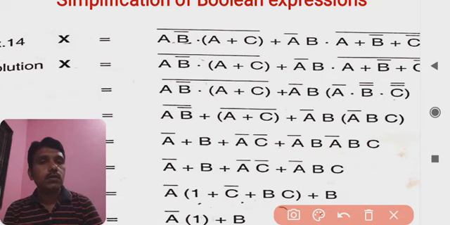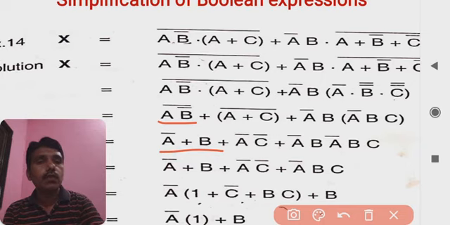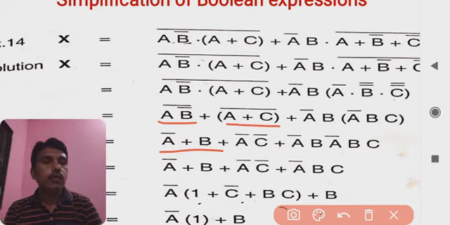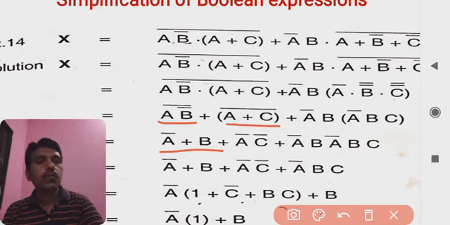Now we have here a b complement, a whole complement. It is a product, so we can convert it into the sum of their complements. Again a complement or b complement, and the complement of the complement is the original b. This is the sum of their complements, and we can convert it into the product of their complements. The complement of the sum is a complement and c complement.